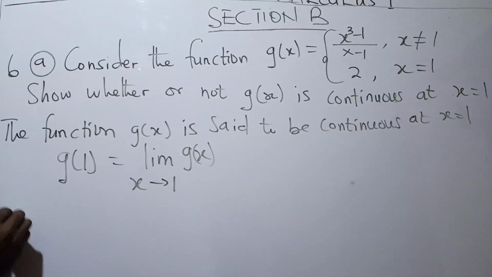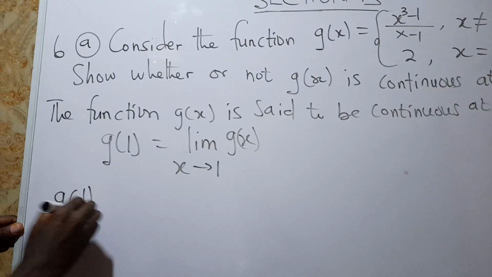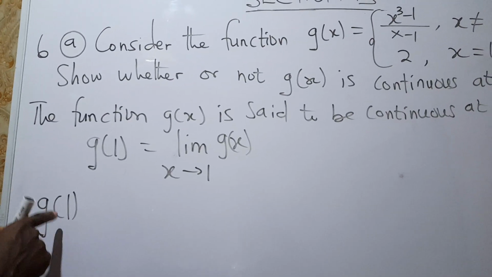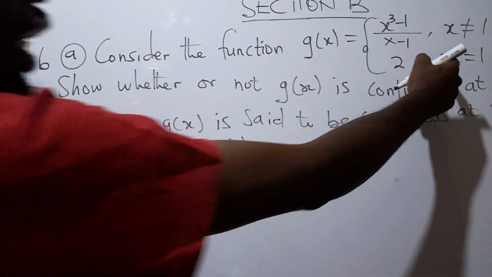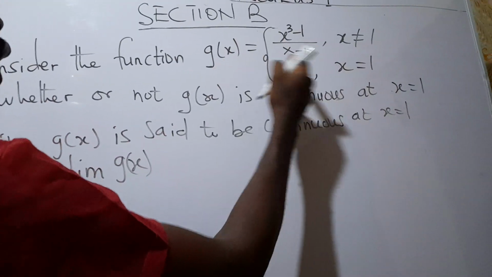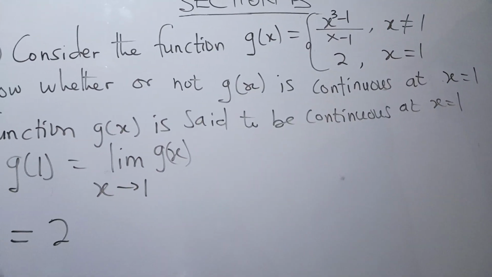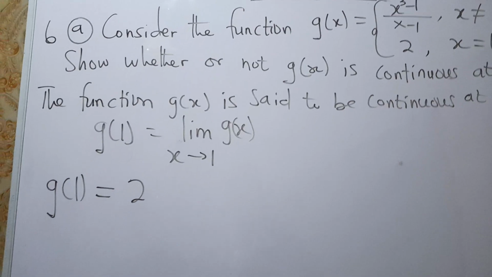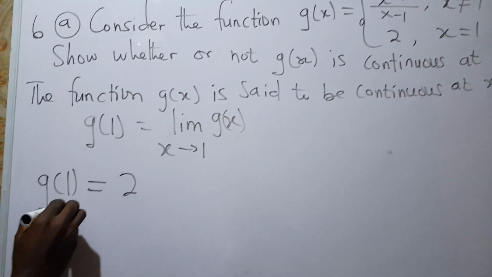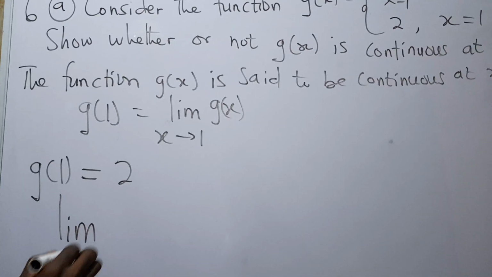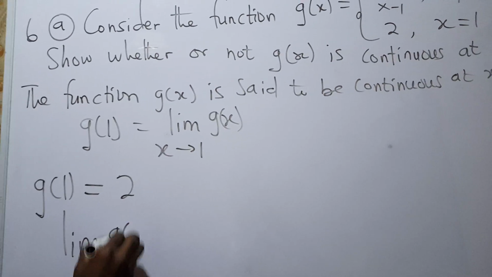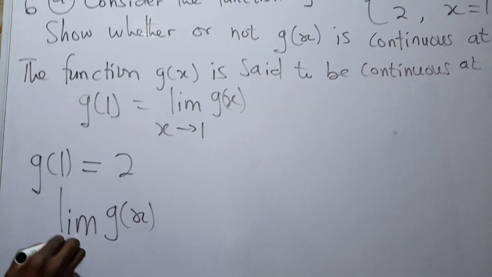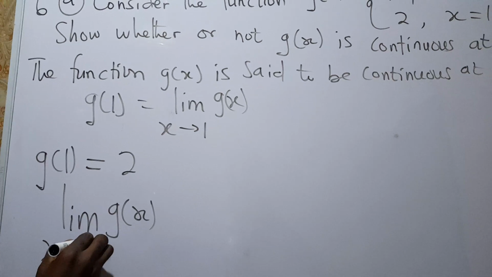So now we'll find g of 1. Remember, x is equal to 1 there. Then we can say g of 1, since x is equal to 1, is 2. Very simple. Now we'll find the limit of g of x where x approaches 1.